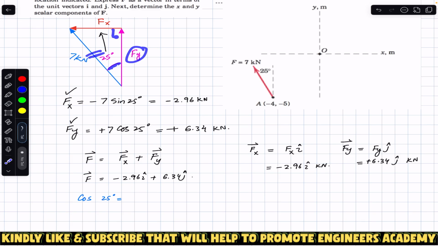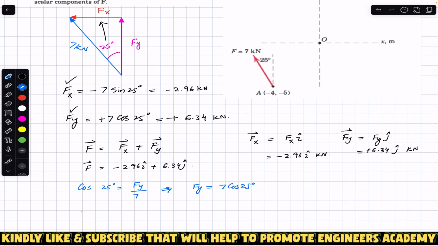The hypotenuse is always opposite to the 90-degree angle. So cos of 25 will be F_y divided by the hypotenuse, which is that force F with a magnitude of 7 kilonewton. If we multiply both sides of the equation by 7 kilonewton, we have F_y equals 7 cos of 25 degrees.